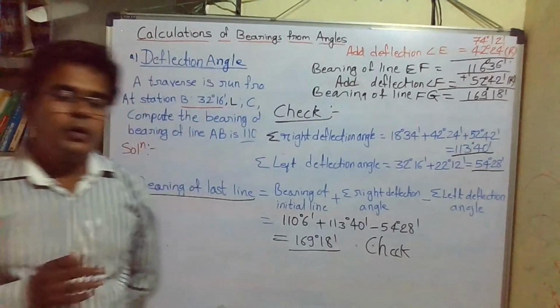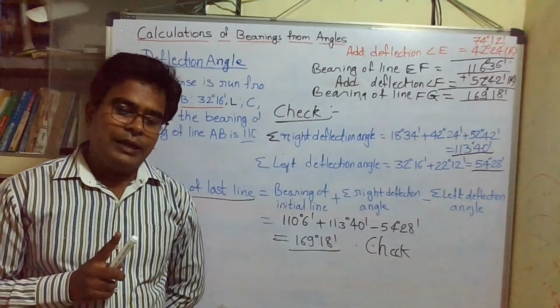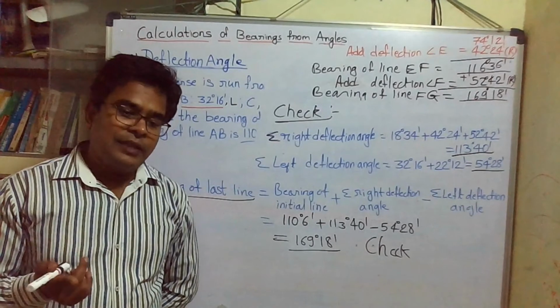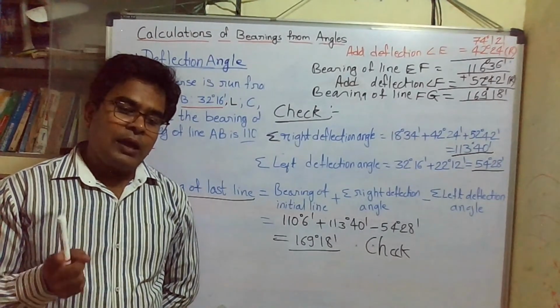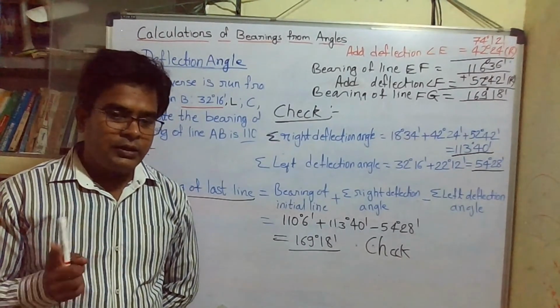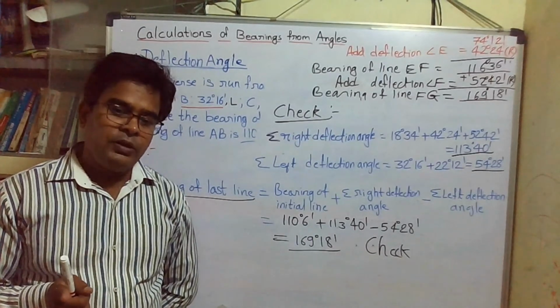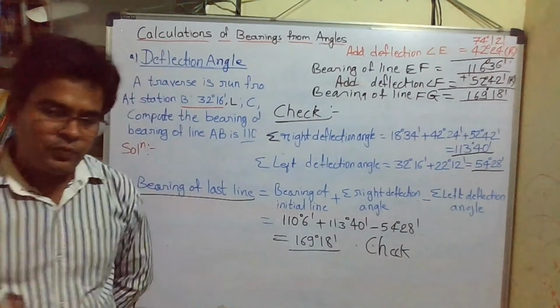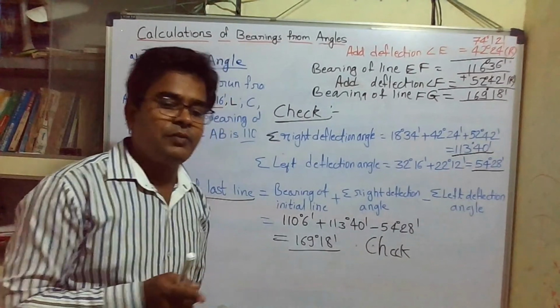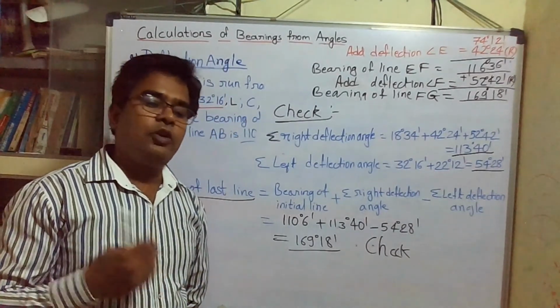What we are doing here: we have the bearing of the first line. To get the bearing of the next line, we add or deduct the deflection angle; if it is a left hand deflection we deduct it, and if it is a right deflection we add it.